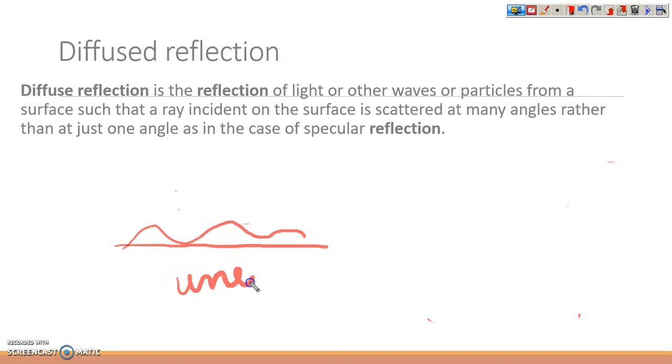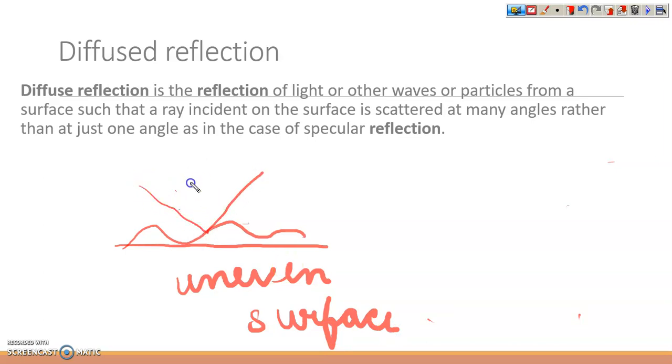So here it's an uneven surface, and if the light rays are coming, going, they're not straight. They're a little bit different, because it's not a smooth surface, it's a rough surface.